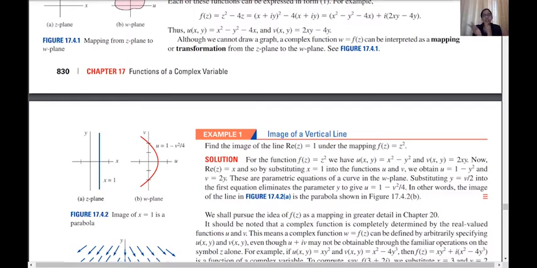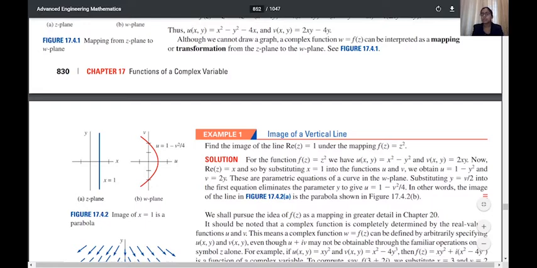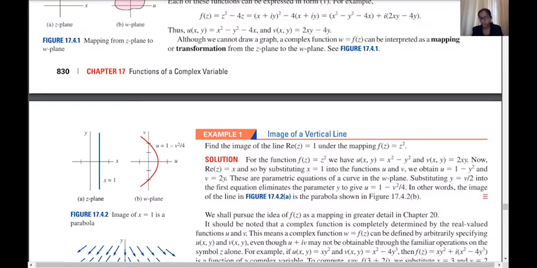So to find the corresponding image, we use the function which is given to us and find a relation between u and v. So when x is equal to 1, we get u is 1 minus y square and we substitute the value of y is equal to v by 2. So we get u is equal to 1 minus v square by 4.